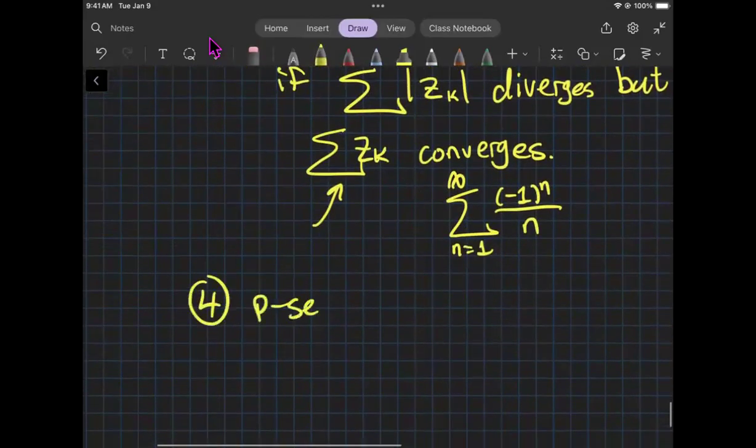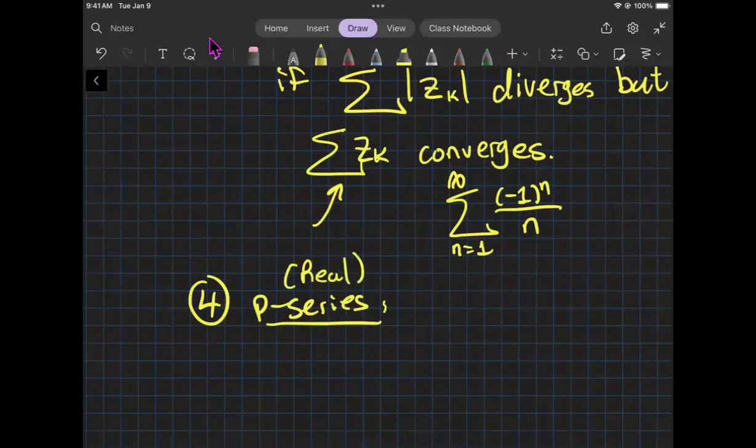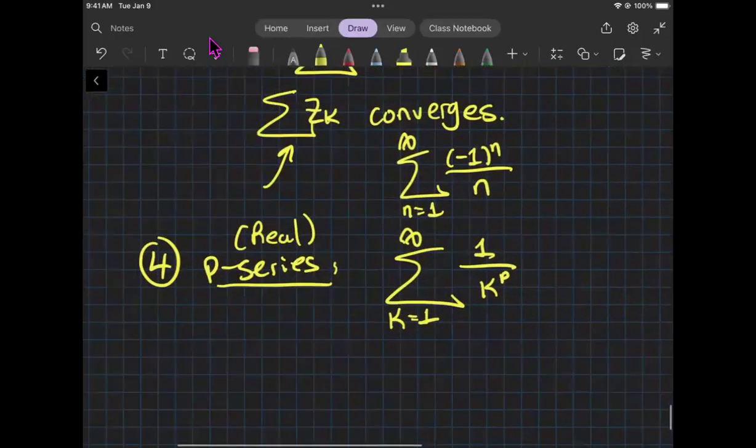So let me write out first what a p-series is. So in the real numbers, a p-series, 1 over k to the p, looks like this, right?